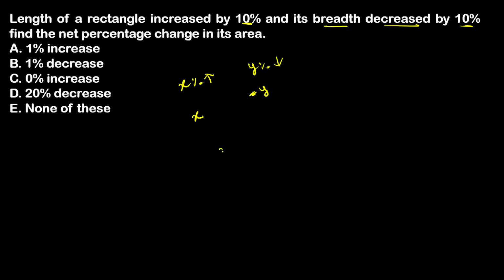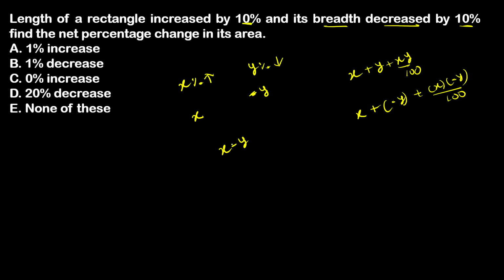Same as we did earlier, observe this one once, x plus y plus xy by 100. This remains the same. But instead of y, we will consider it as minus y. So x plus minus y, plus x into minus y. Hope you guys understood this point.